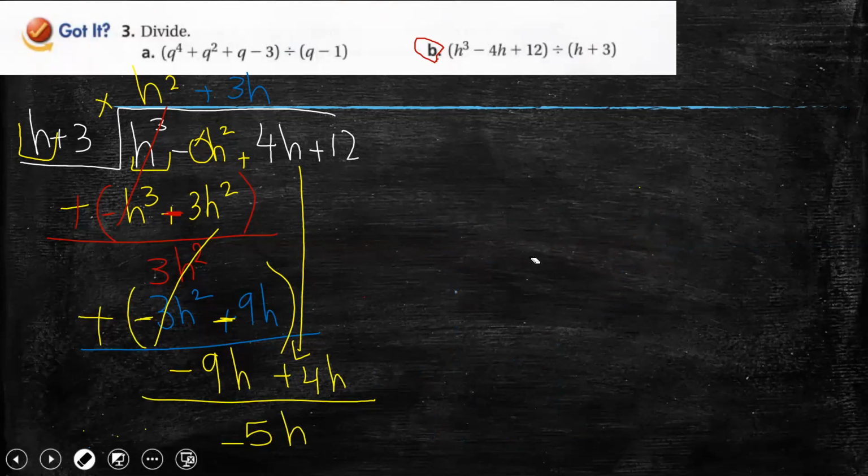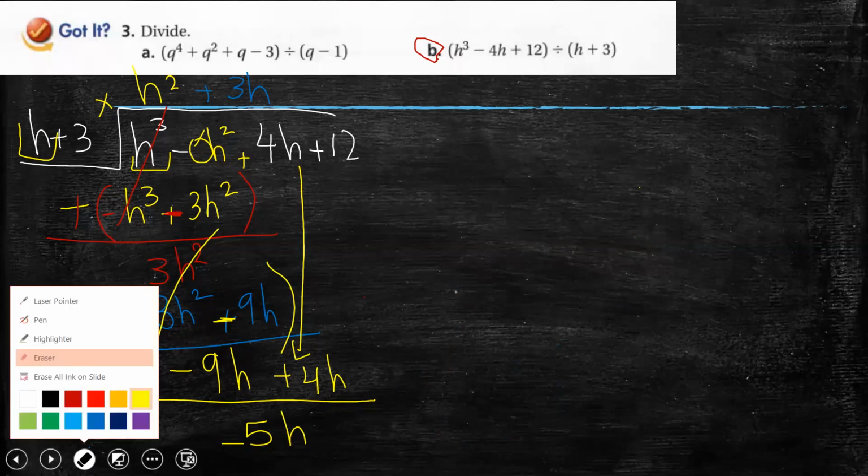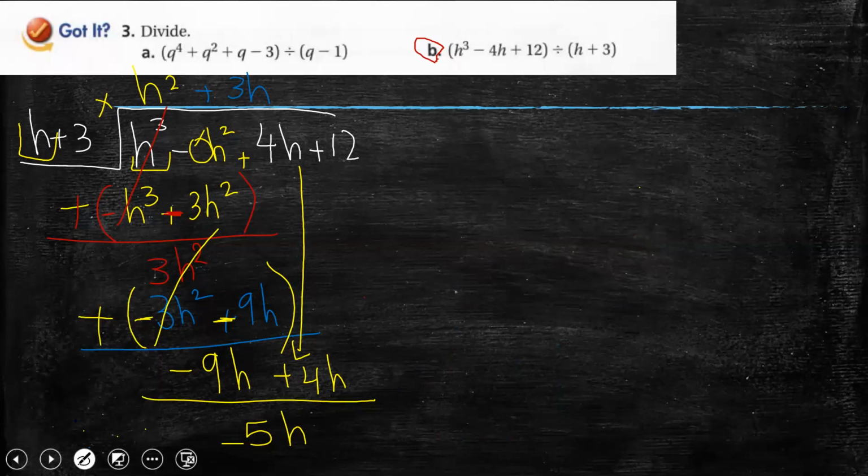Negative 9 plus 4 is negative 5h. Then negative 5h now divided by h, h cancels h, so it will be negative 5. Negative 5h divided by h, we have only negative 5.